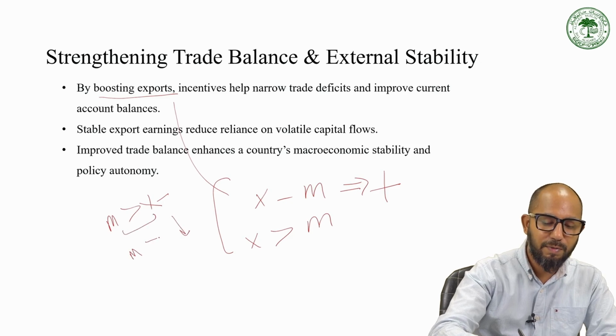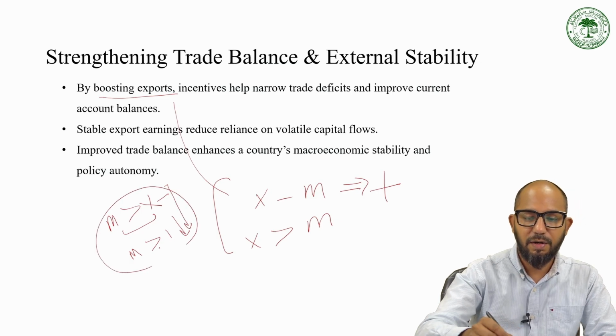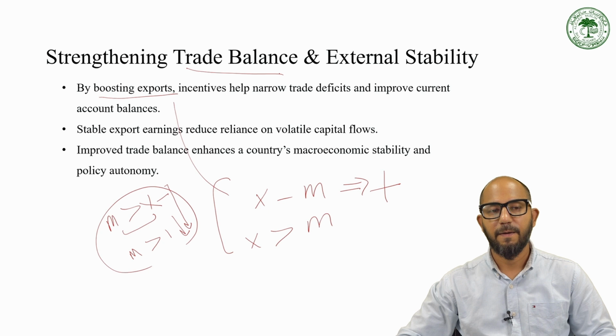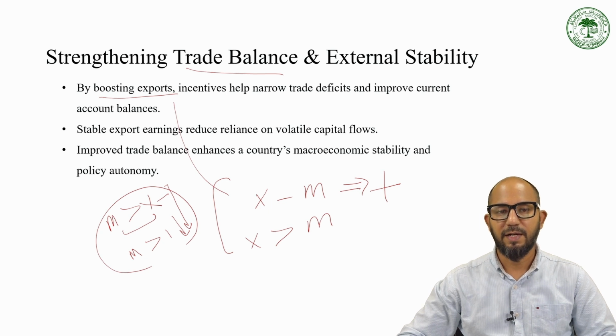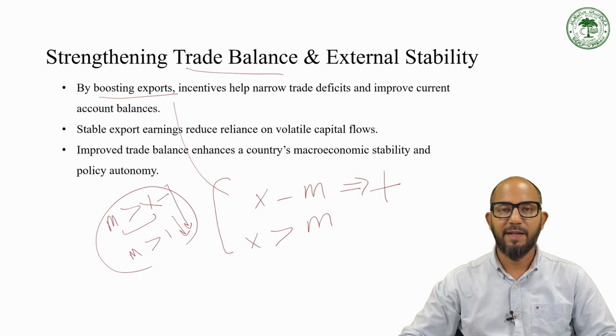Still, imports may be more than exports, but even if the difference is reduced, it will be a benefit related to trade balance. Thus, export incentives always try to narrow down the negative balance of trade or try to promote a surplus balance of trade, which improves the current account of the balance of payment.